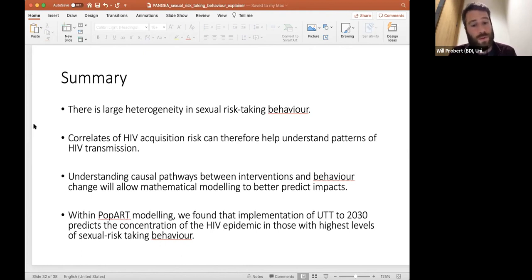Improving causal pathways between interventions and behaviour change can allow mathematical modelling to help better predict the impacts of different interventions. And within the Popheart modelling work, we found that implementation of a universal test and treatment intervention to 2030 predicts concentration of the HIV epidemic in those with highest levels of sexual risk-taking behaviour.